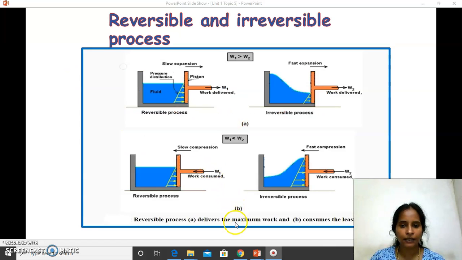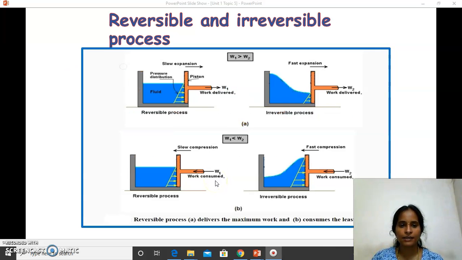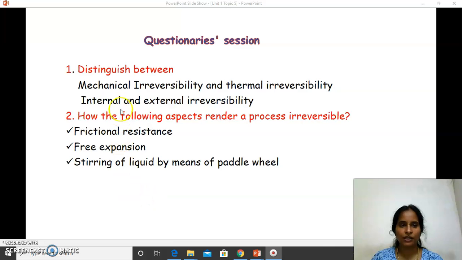That is, it delivers the maximum work but consumes the least work. That is less input, higher output.